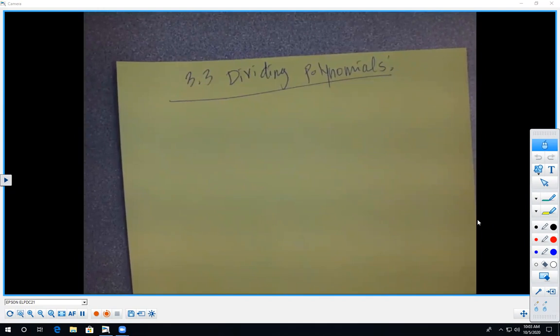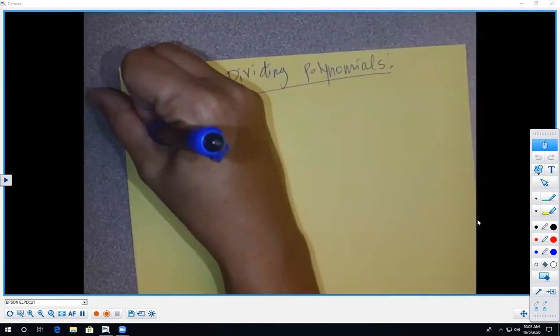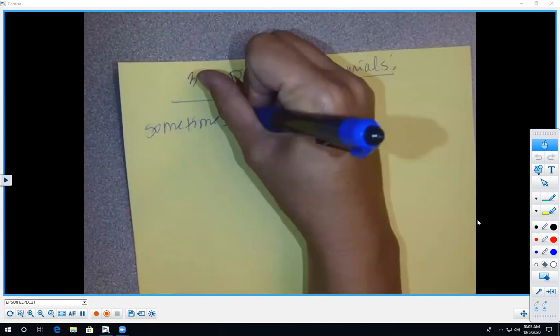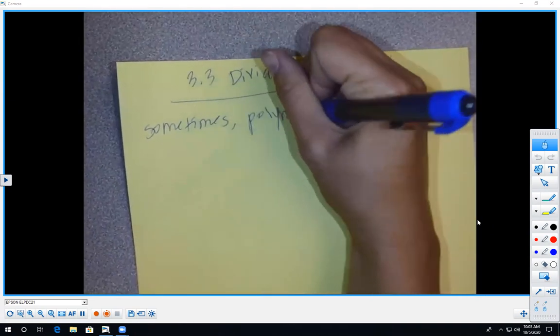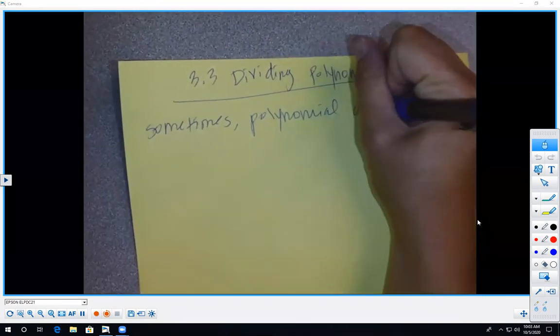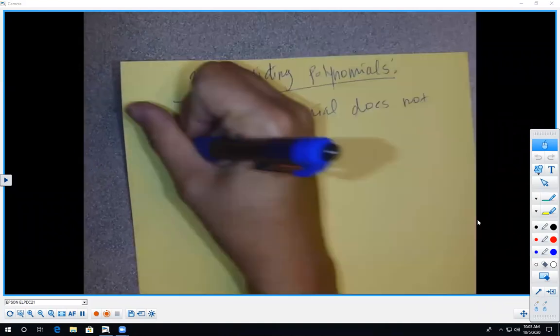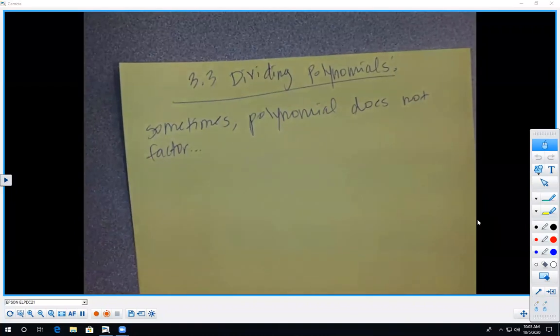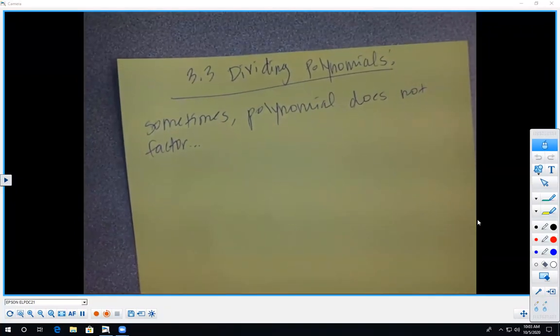Okay, so again, I kind of just told you this, but the reason why we have this is sometimes a polynomial does not factor. Or not necessarily that it doesn't factor.